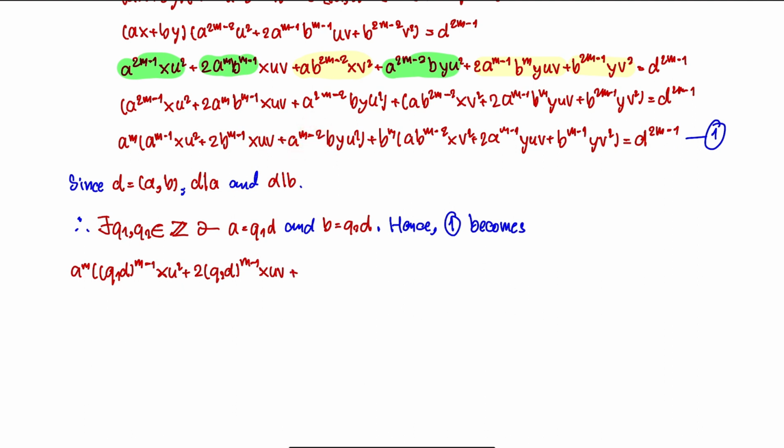We multiply q1 d raised to the m minus 2 and q2 d y u squared, plus b to the m.